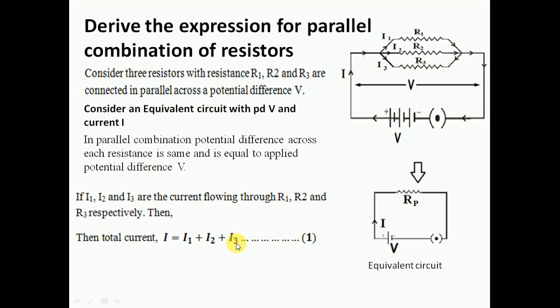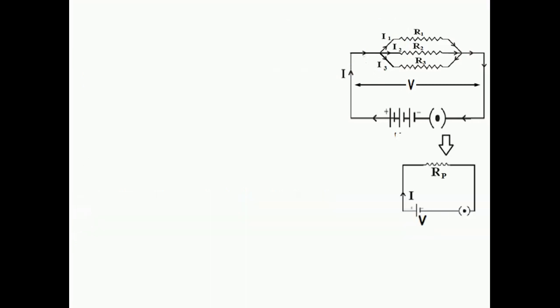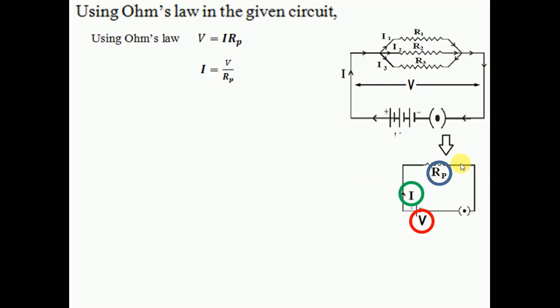Now I'll use Ohm's law for each circuit. Now for this circuit, as you can see, I is the current, V is the potential difference and Rp is the resistance. So if you use Ohm's law, V is equal to I Rp, then you can write I is equal to V by Rp. So for this circuit current is V by Rp.